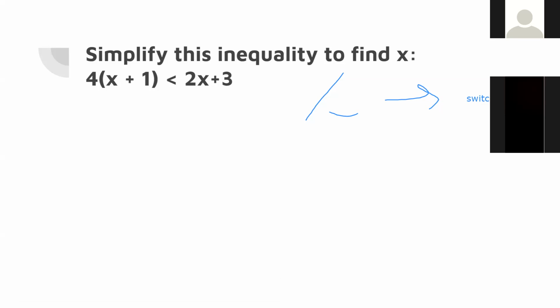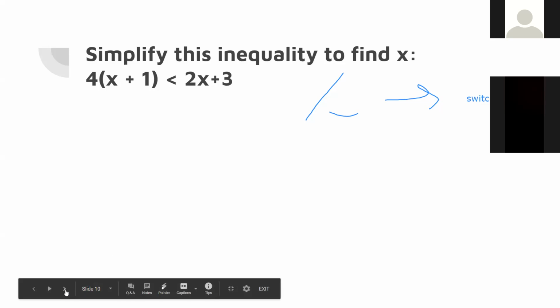Does anyone have an idea or an answer for this question? X is less than negative 1/2. Yeah, I think that's fine.